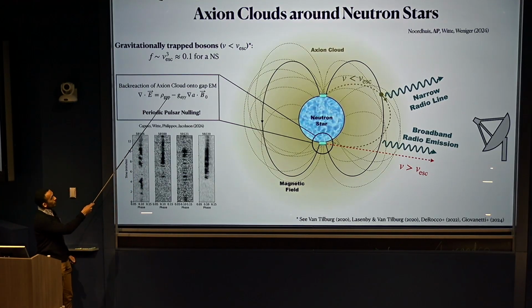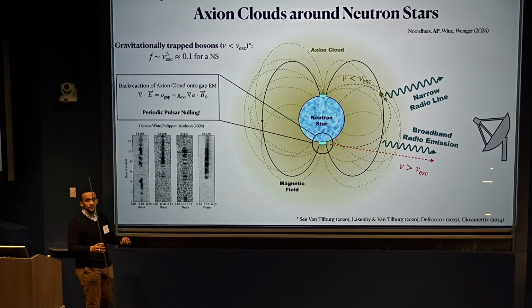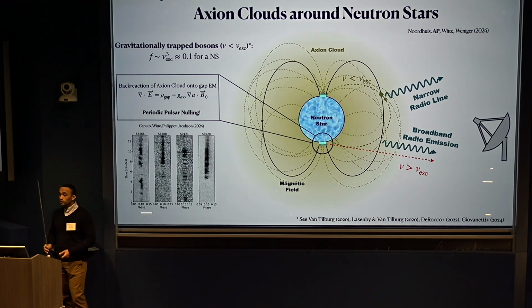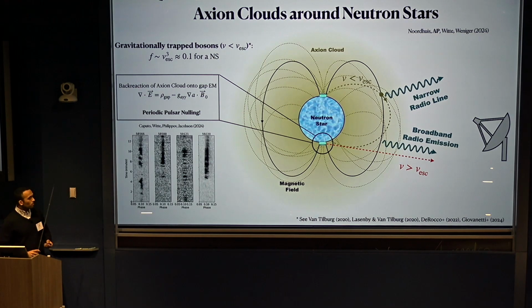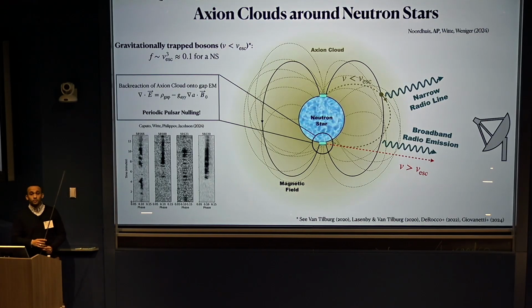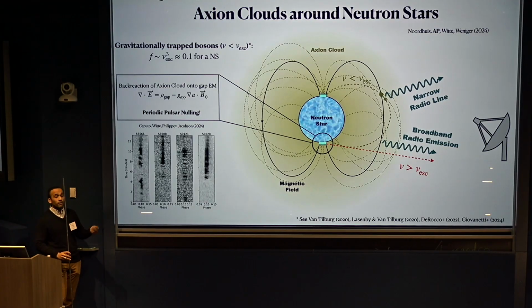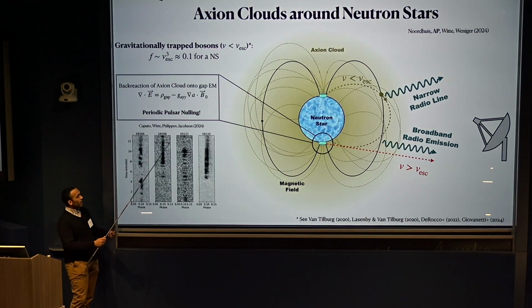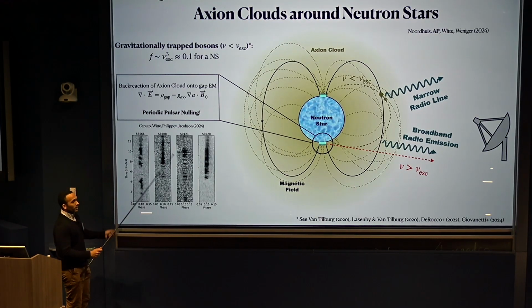And when this becomes competitive with what you might expect from standard astrophysics, then you start to get back reaction. This was studied by Caputo et al., and they found that you could actually get periodic shutting off of the pulsar activity, something that has been observed, and it's called pulsar nulling. They hypothesize this back reaction effect may be responsible for this behavior.